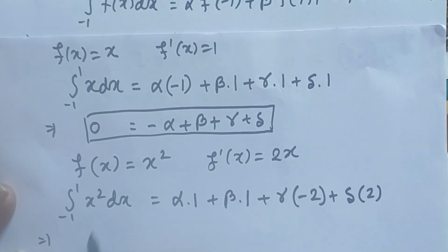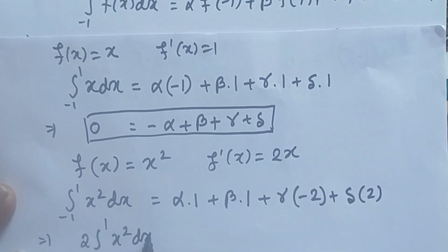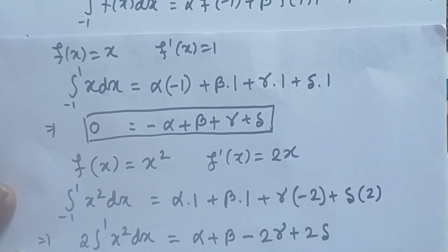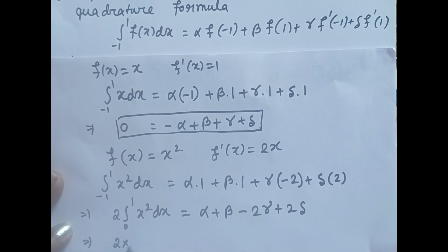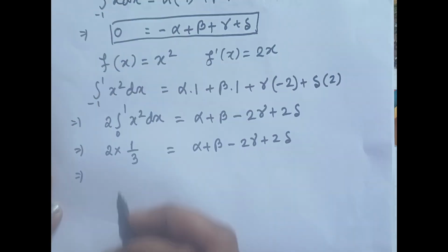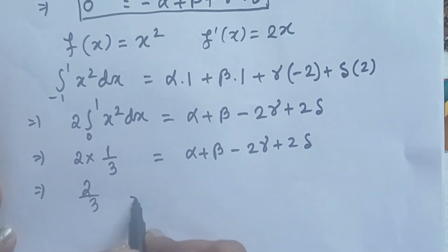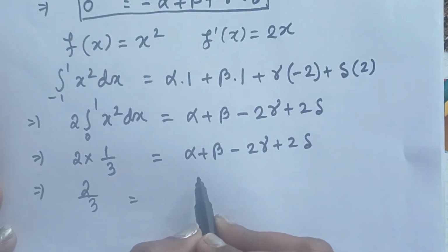So the LHS will be 2 into integration 0 to 1 x square dx equals alpha plus beta minus 2 gamma plus 2 delta. Now 2 into x cube by 3, substituting the limits, will be 1 by 3. That is 2 by 3 equals alpha plus beta minus 2 gamma plus 2 delta.